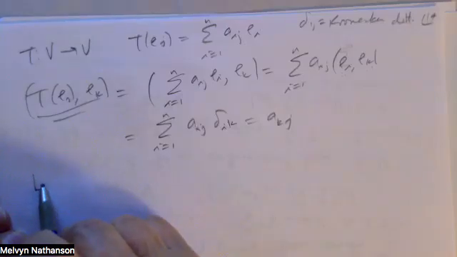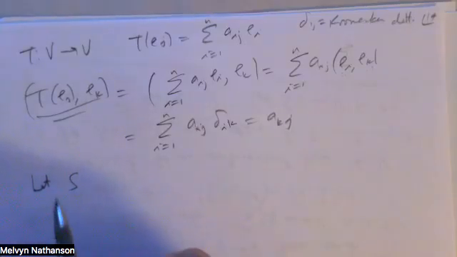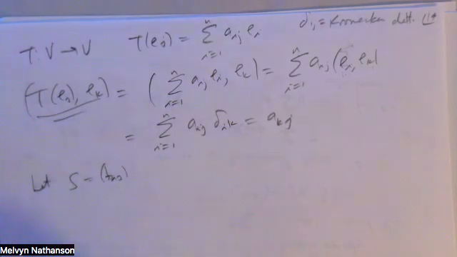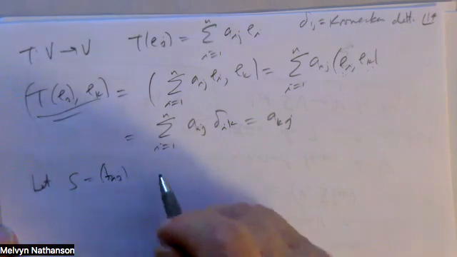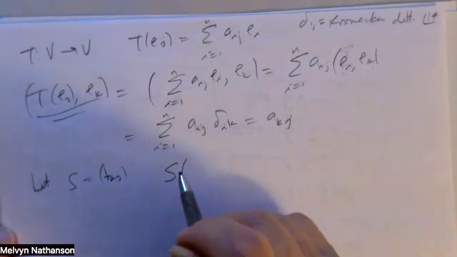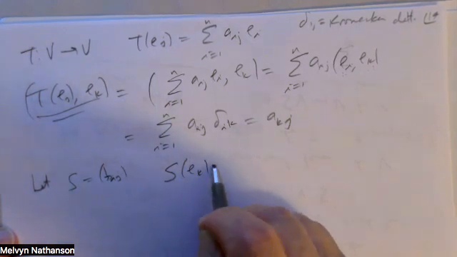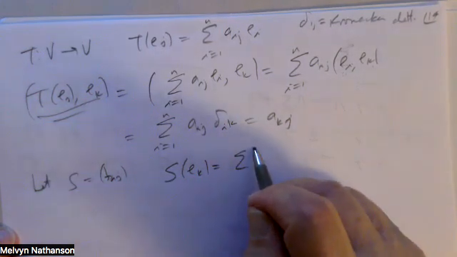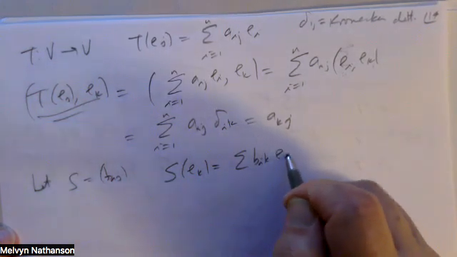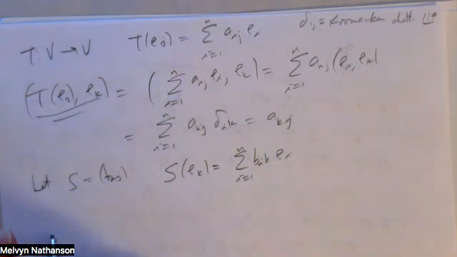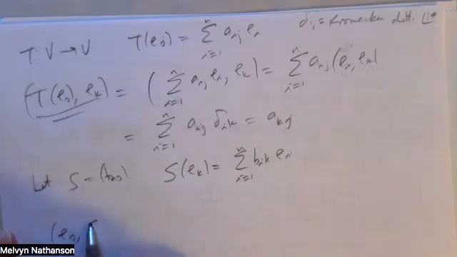Suppose we let S correspond to a matrix. Let me call it Bij for the moment. So S of the vector Ek is the summation of Bik Ei, i goes from 1 up to n. So what is the inner product of Ej and S of Ek?